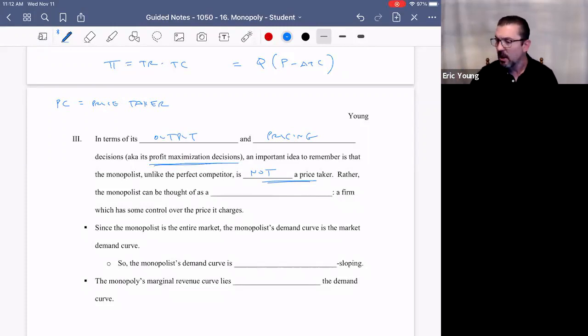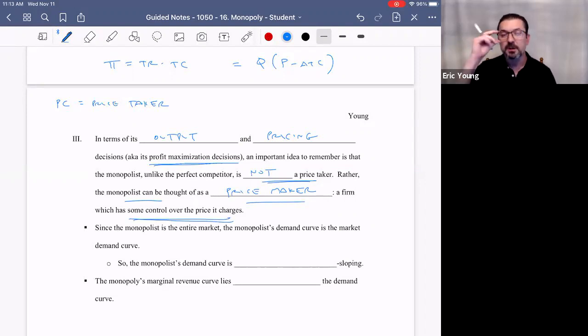The monopolist, however, is not a price taker. Rather, I want you to think of the monopolist more as what we're going to call a price maker. The monopolist is a price maker. They have market power, and as a result, they have some control over the price that they charge.